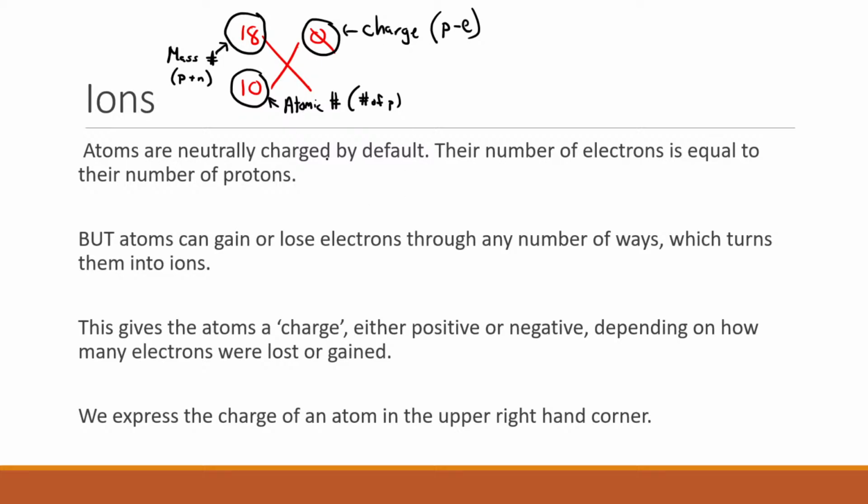We know that atoms are neutral by default, right, with a number of protons and electrons that are equal. So we have 10 protons and 10 electrons in this example. Right, 10 positives and 10 negatives to give you a total charge of 0, right? The 10 positives and the 10 negatives cancel each other out.